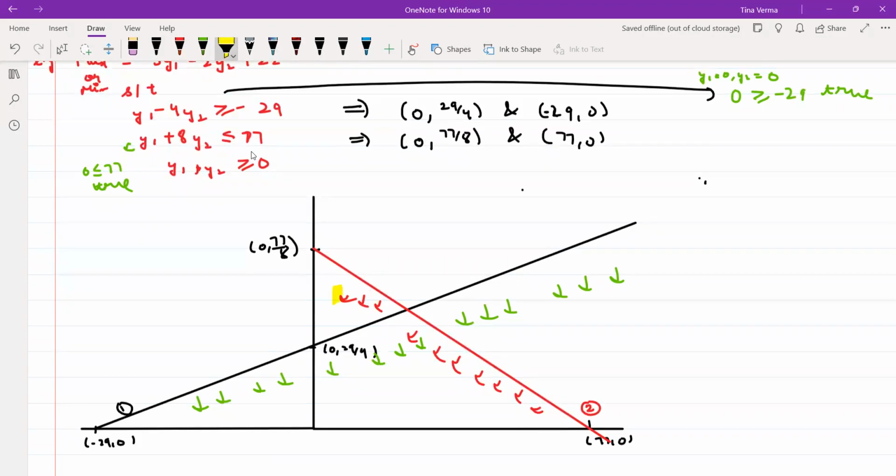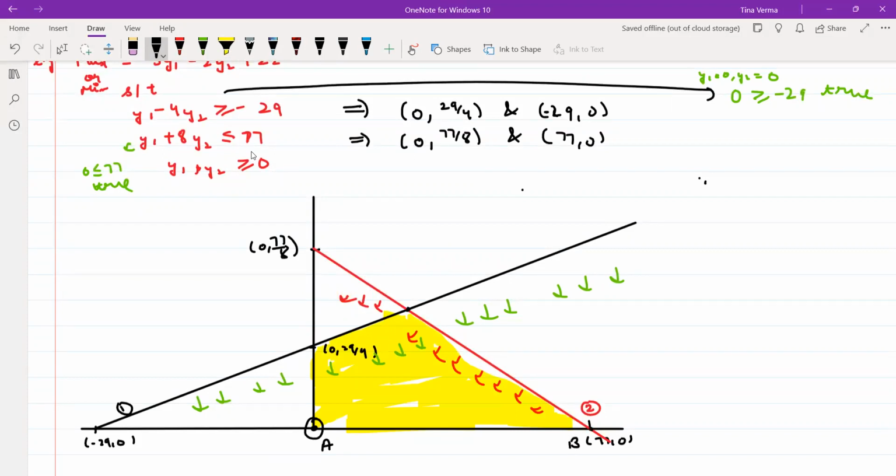Earlier this was your feasible region, but now this is your feasible region, which is satisfied by both the constraints, right?